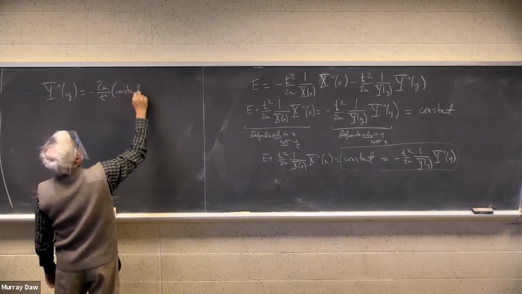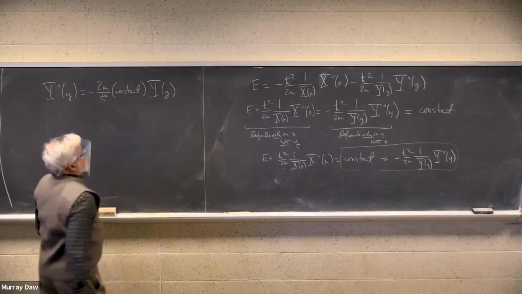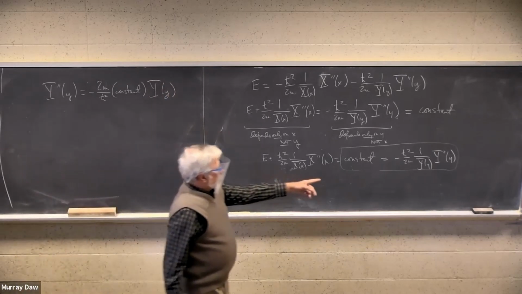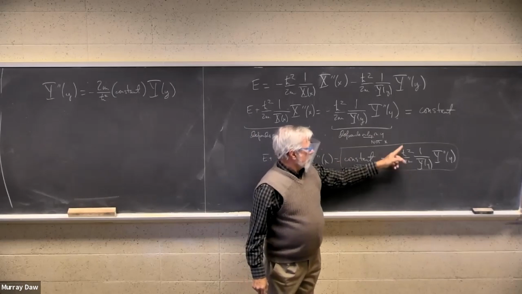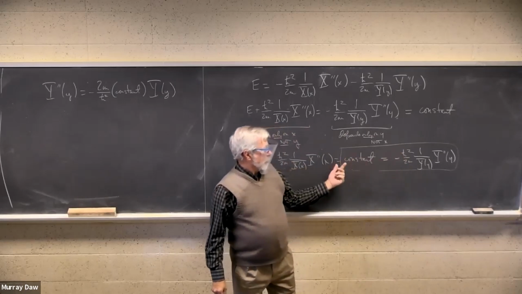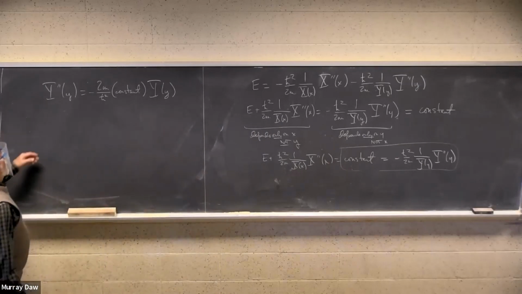I haven't given it a name yet. Just taking this and doing a little rearrangement, bring the capital Y over here, and we multiply by negative 2m over h bar squared to get it over here. And we'll write it in this form.